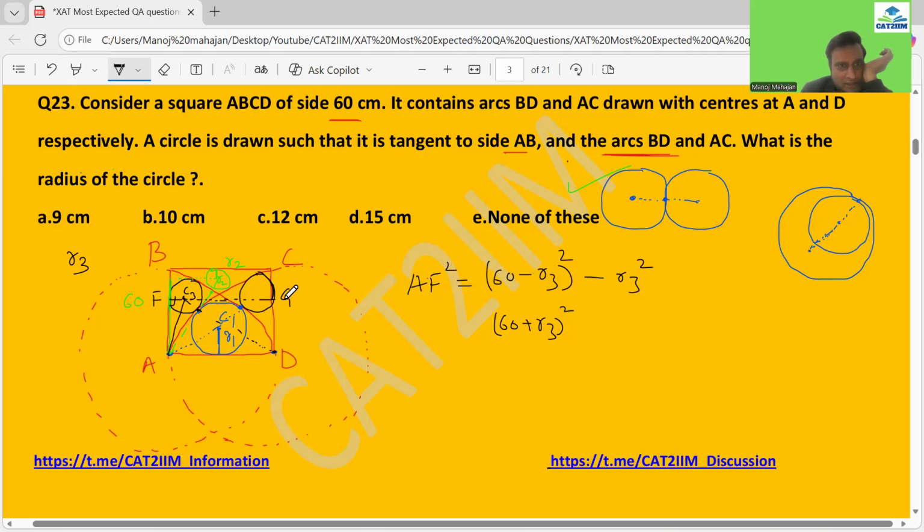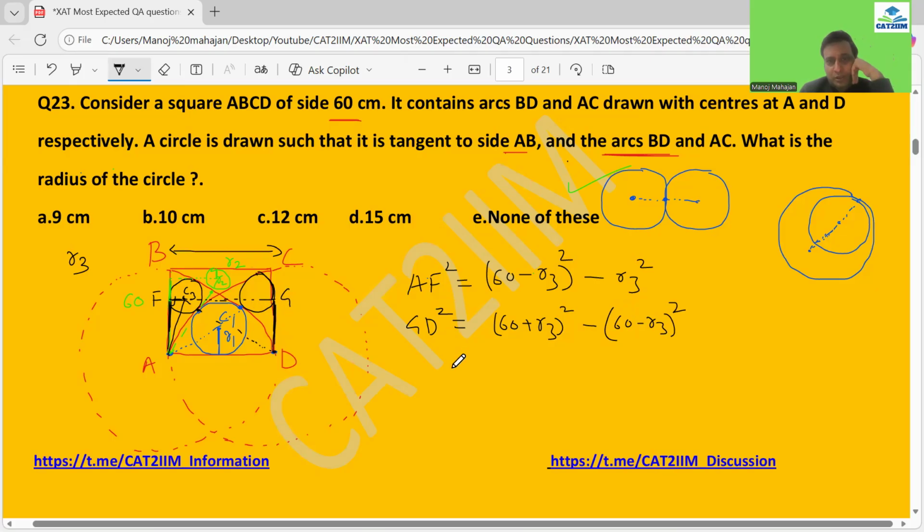So can I say C3G? Please understand this is R3. This total is 60. So C3G would be nothing but 60 minus R3. If I subtract by doing a square of it, I would be getting GD square. And you can understand that AF and GD would be the same.